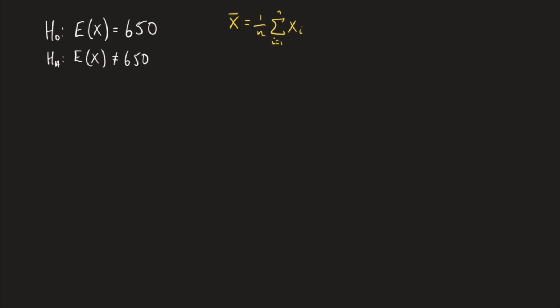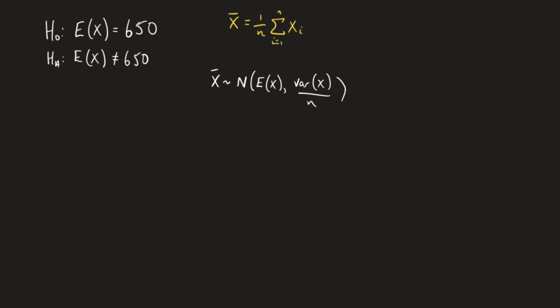If we take 100 observations of xi, then we can construct an estimate of the population average through our sample mean. Now we know if our observations are independent and identically distributed, then the sample mean will be approximately normally distributed, centered on the expected value of x, with variance equal to the variance of x over n.